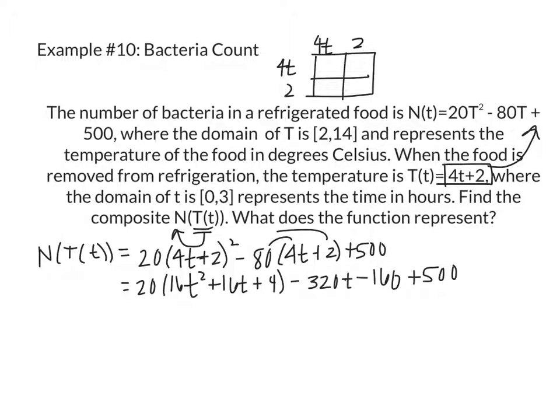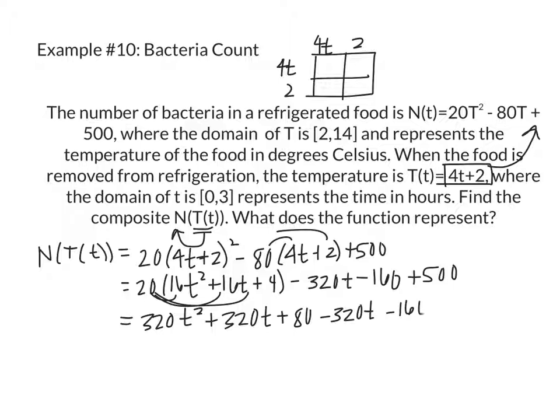We still need to distribute that 20. So that will leave us with 320t squared plus 320t plus 80, and then minus 320t still, minus 160, and then plus 500.